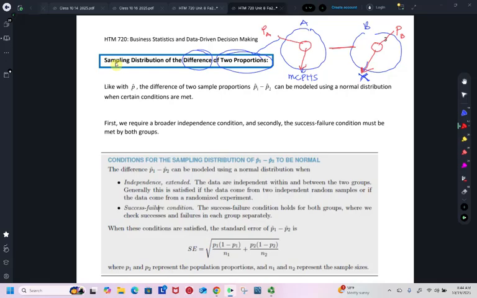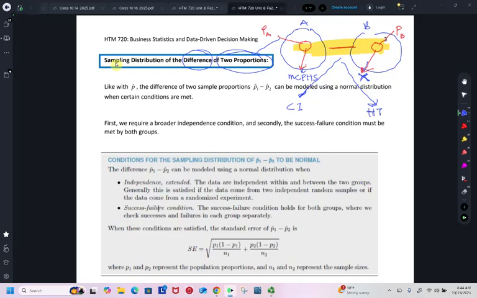Now, as it stands, we would like to examine this difference in proportions. We can examine that difference using confidence interval estimation, or if we have an idea of what that difference should be, we could test if that value that we hypothesize is a valid, plausible or reasonable value, or not.